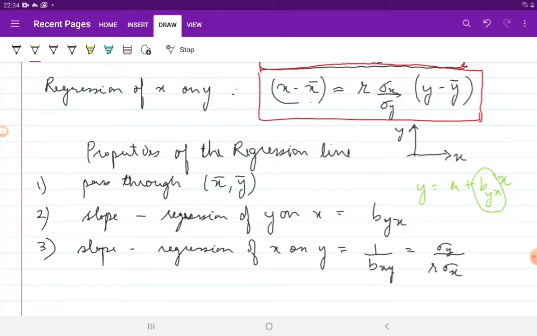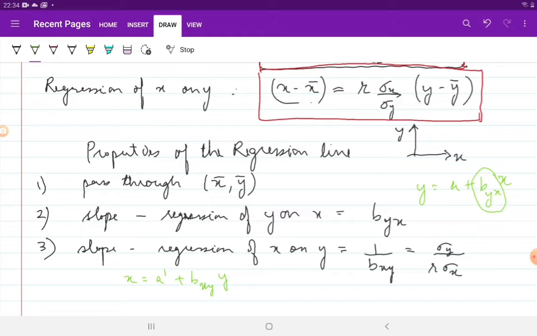This might look a little bit confusing, but remember the criteria that I'm saying is your horizontal axis plots x values and your vertical axis plots y values. In that case, your regression equation x on y is x is equal to a dash plus bxy times y, right?